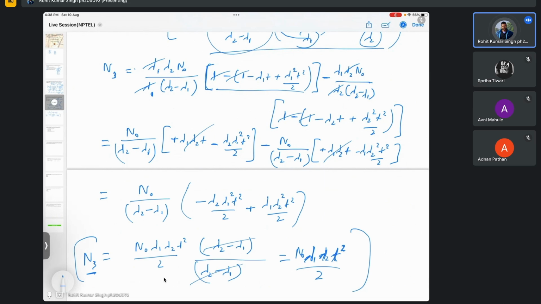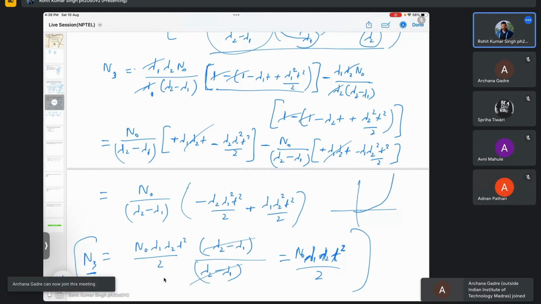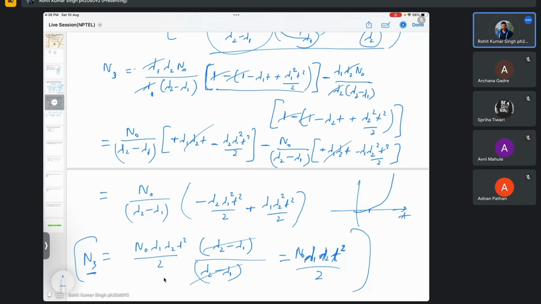It's not a linear dependence on time; with time it will increase quadratically. It will go like this. So for a short time the number will be very low, but as time progresses, the number will increase quadratically. Again, this is very interesting.